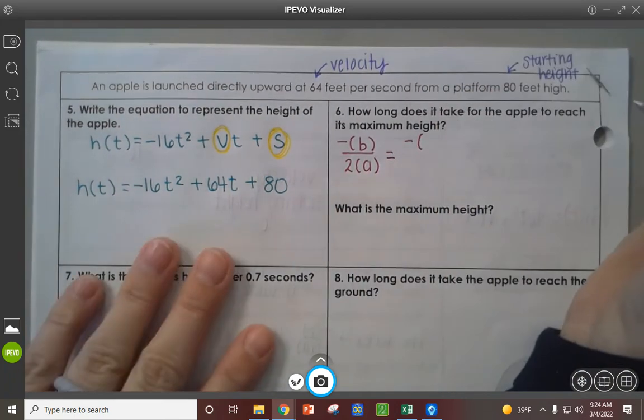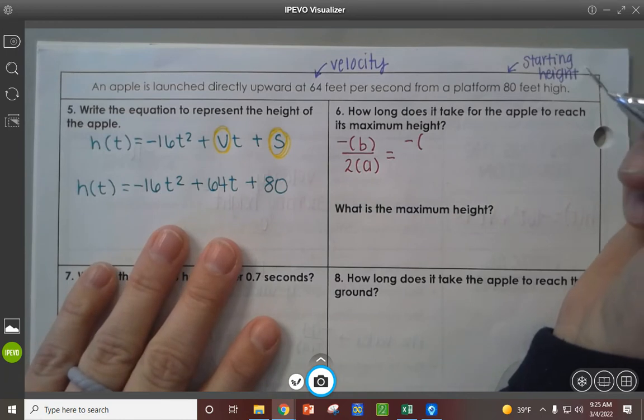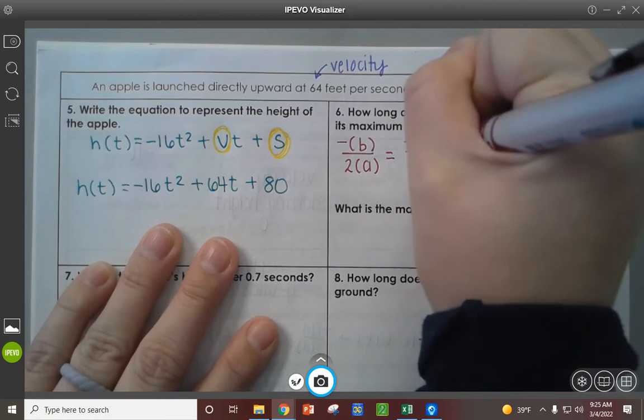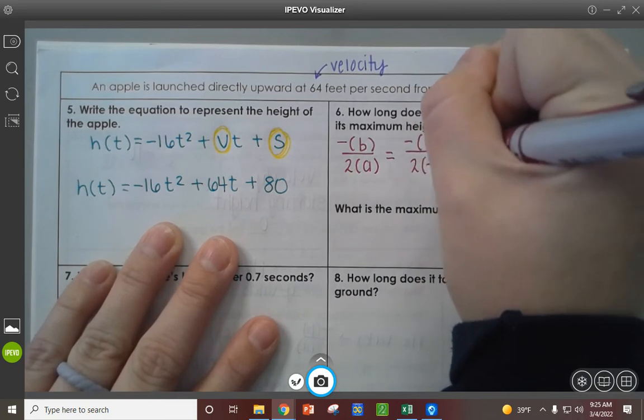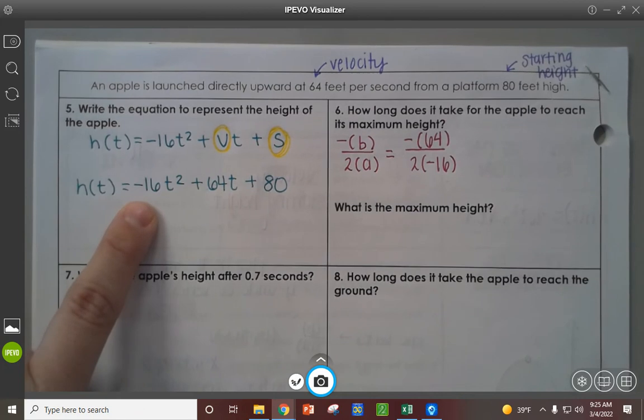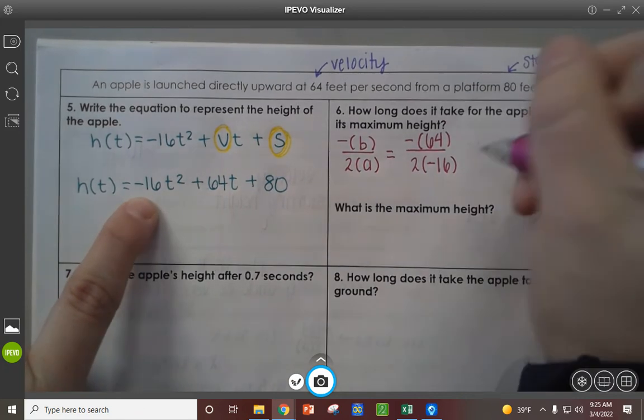What is my b value? 64. What's my a? Negative 16. Your a value is the first number. It will always be negative 16 on these problems.